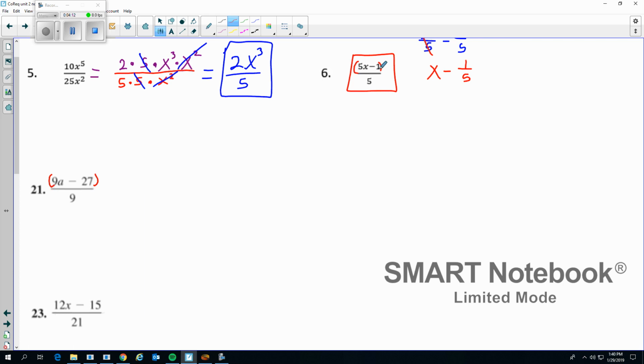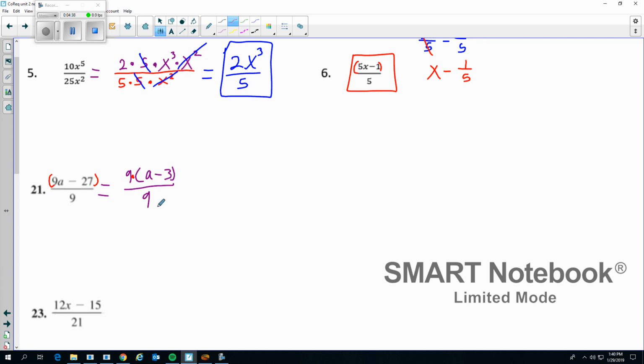If you look back at 6, I couldn't really factor anything out between 5x and minus 1. But here, I can factor out a 9 on top. So now I have 9 times a minus 3, all over 9. Now it's been factored into multiplication, and that minus is contained within the parentheses.